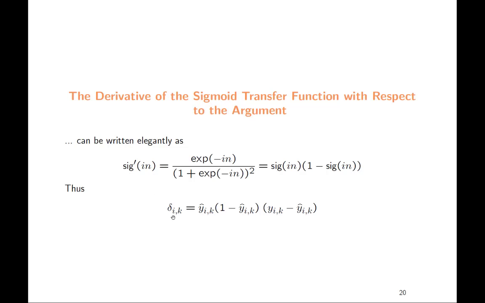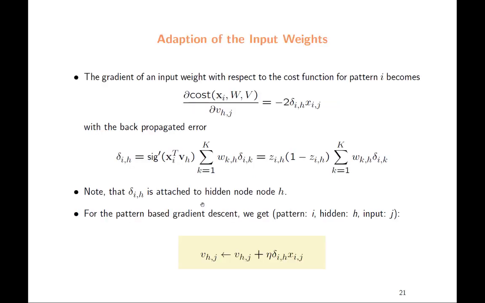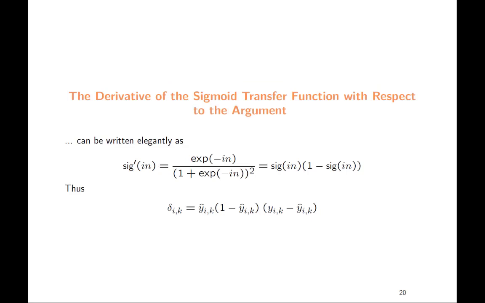And thus this delta ik can also be written as y hat ik times 1 minus y hat ik times the difference. And this is most sensitive if y hat is approximately 1/2, because if it's more like 1, then this becomes 0, and if it's 0, then this term becomes 0. But technically, although it looks maybe complicated, it's just, again, the calculation of the gradient.